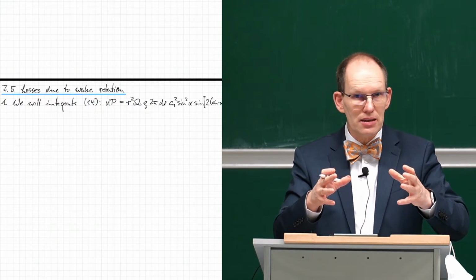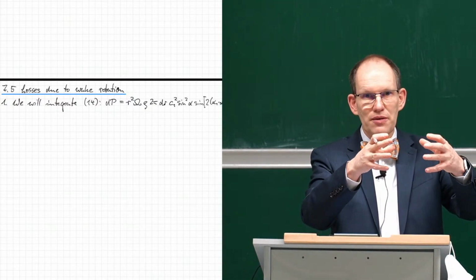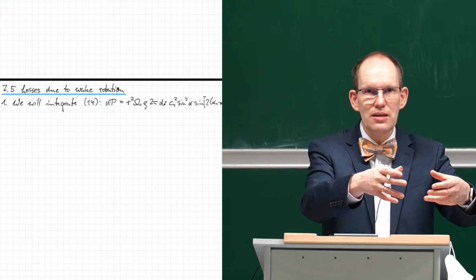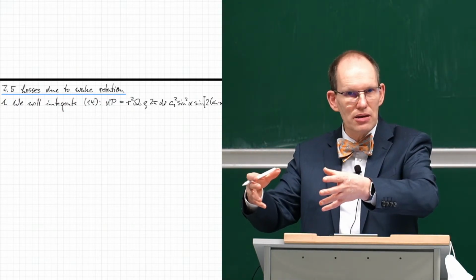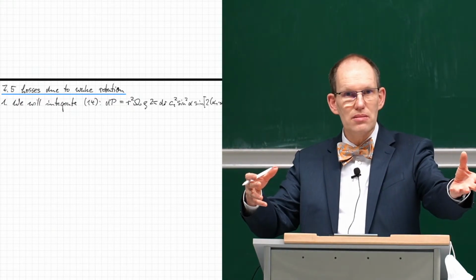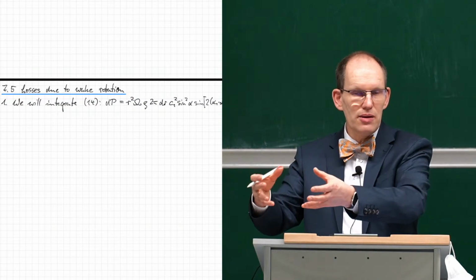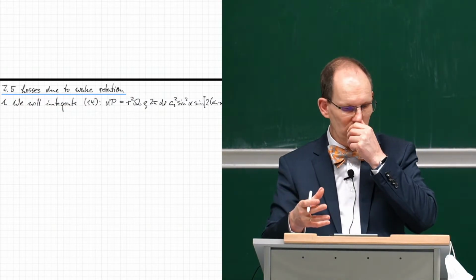We'll try to find another formula where we have the kinetic energy in the wind times a factor. In the previous chapter, this factor was the Betz coefficient, and now it will be the Schmitz coefficient.